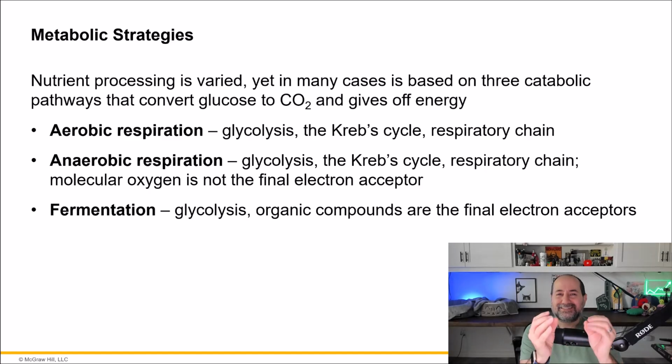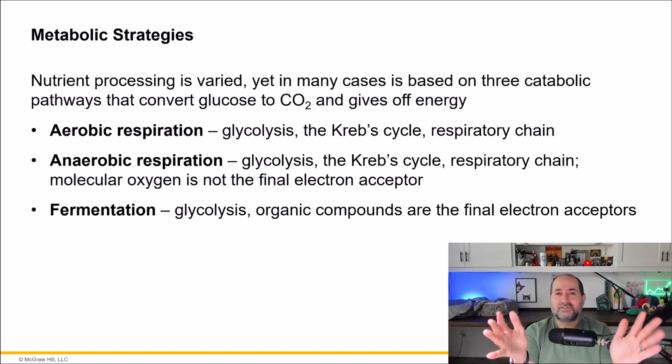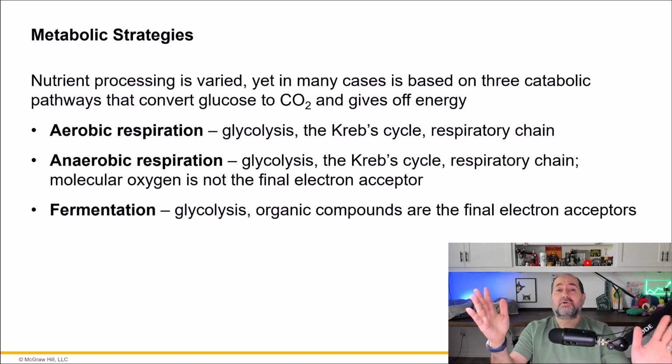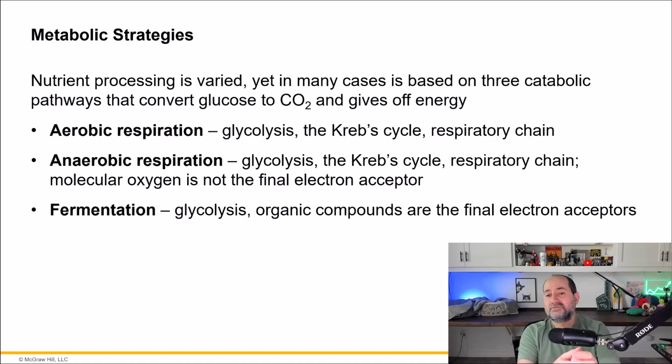It means oxidative phosphorylation. It means electron transport chain plus ATP synthase with chemiosmosis. So remember the whole process of cellular respiration: aerobic respiration and anaerobic respiration both go through the entire process, all the way from glycolysis to Krebs cycle to oxidative phosphorylation, the respiratory chain.